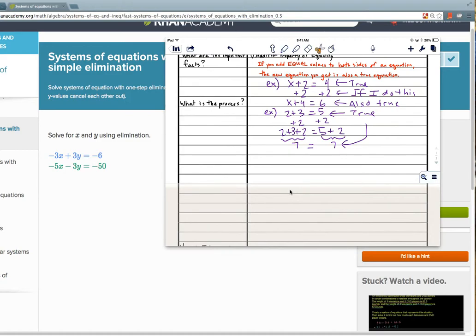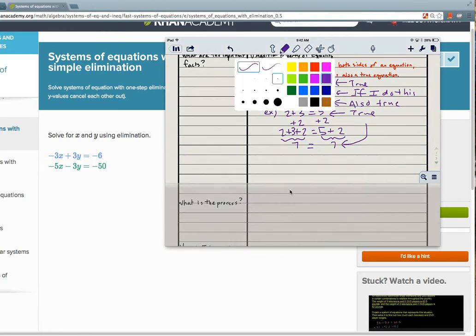There's one more fact that we need to look at here, and I'll write it in black again.